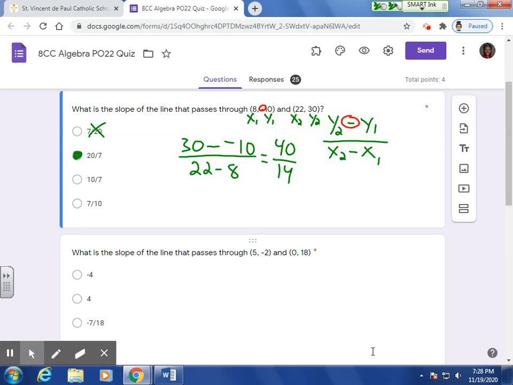If you got 10/7 or 7/10, then instead of adding here, you subtracted to get 20, right? So one mistake was with the position of your x's and y's. The other mistake was with that negative sign. So maybe take a look back at your quiz. You should still be able to view it. If you got that one wrong, take a look at which mistake it was, and then you can start to correct.